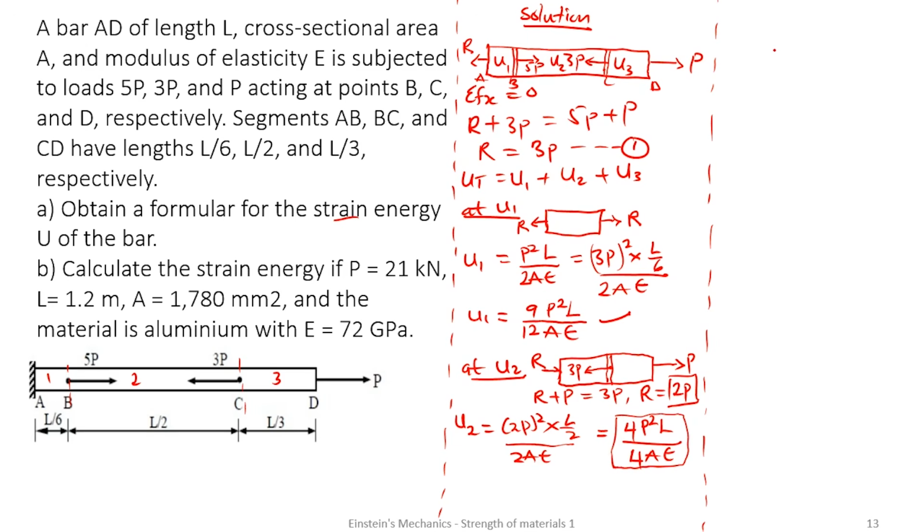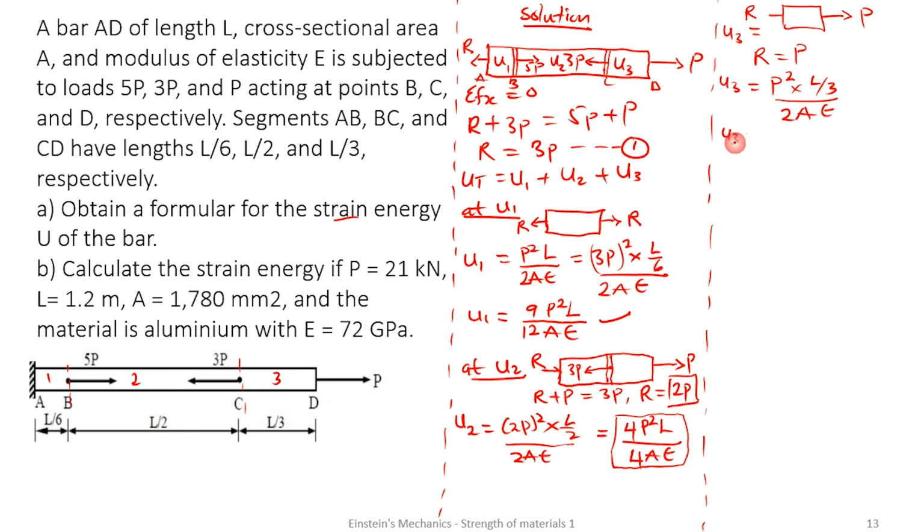Let's look for U3. So my U3, which is CD, if I create the free body diagram, I'm going to get this P acting here and another reaction R. So I can see that my R is equal to P. Therefore, U3 is going to give me P, the force squared, multiplied by the length of CD, L on 3, over 2 times AE.